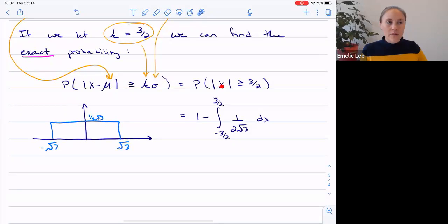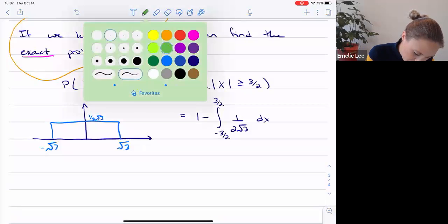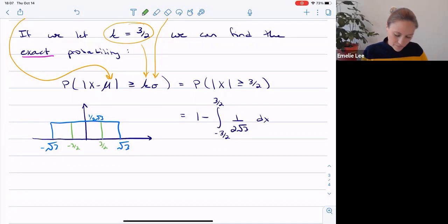So if I want the probability that the absolute value of x is greater than or equal to 3/2, what could I do? Here, -3/2, +3/2.